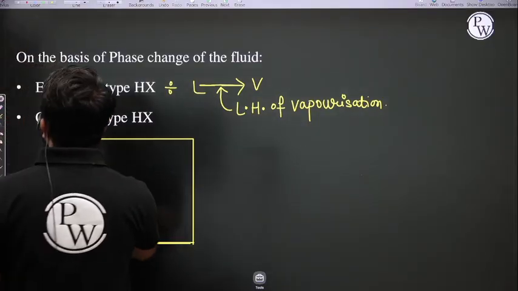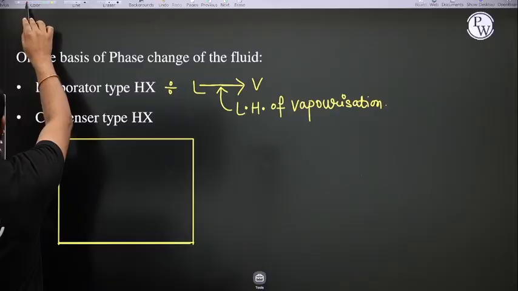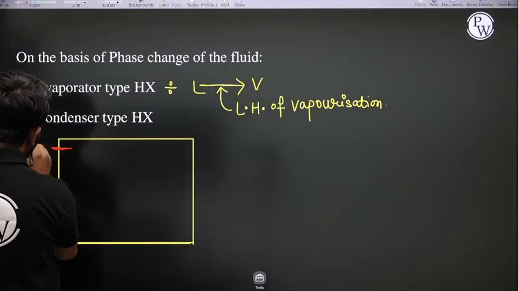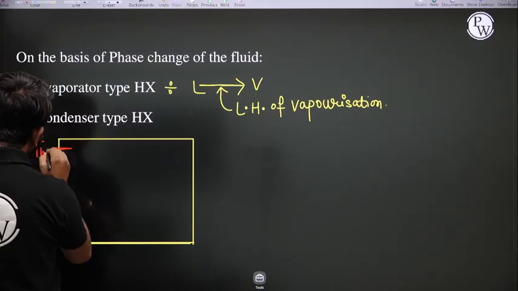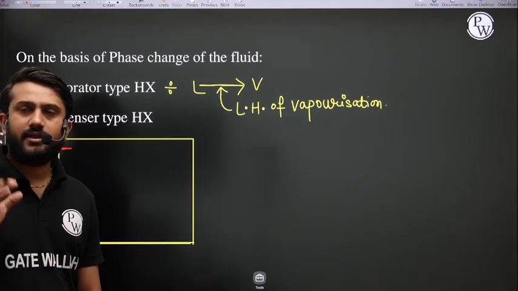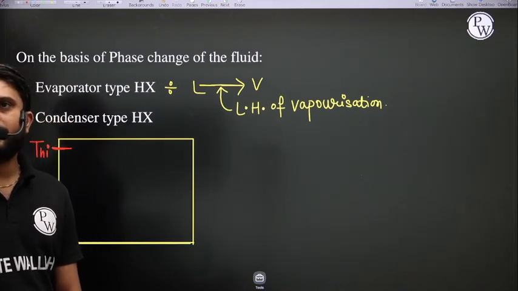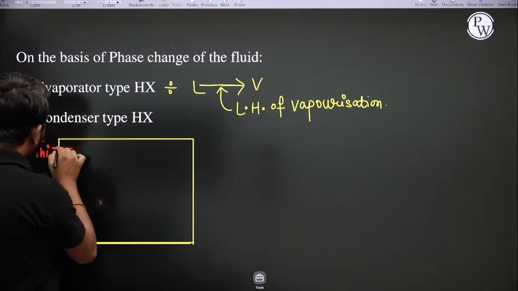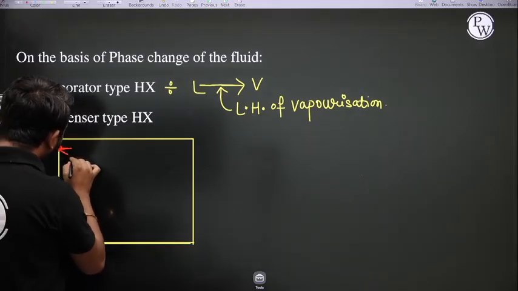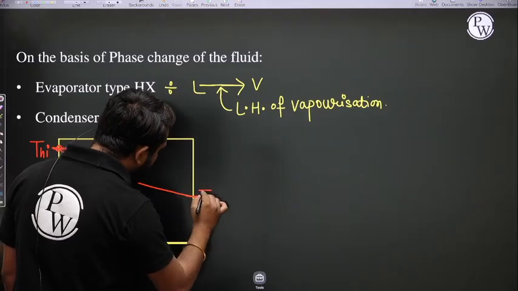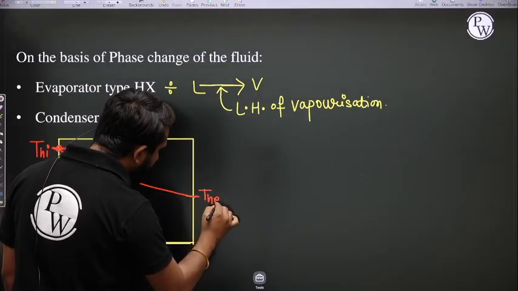Now, see here. There is a hot fluid. Let us assume the hot fluid initial temperature is Thi, and this hot fluid gets cooled down. The outlet temperature is The.